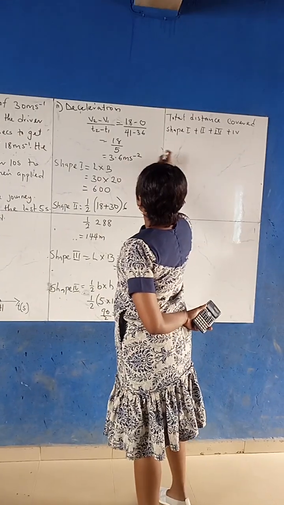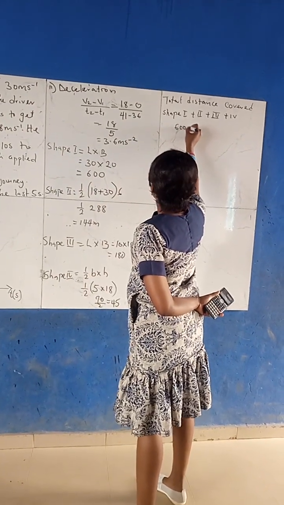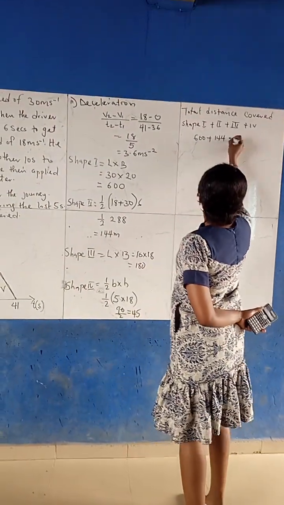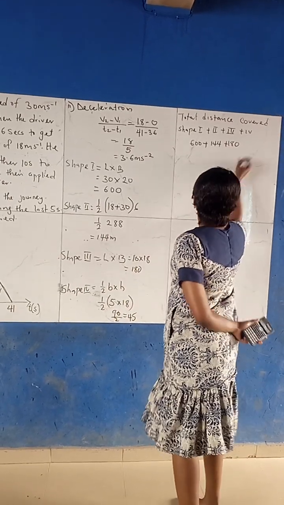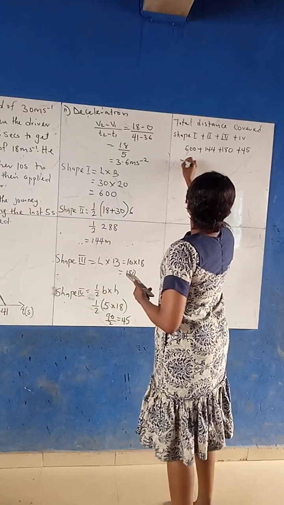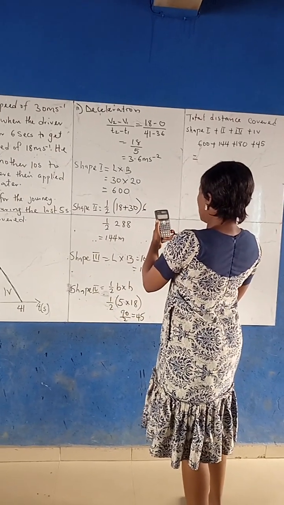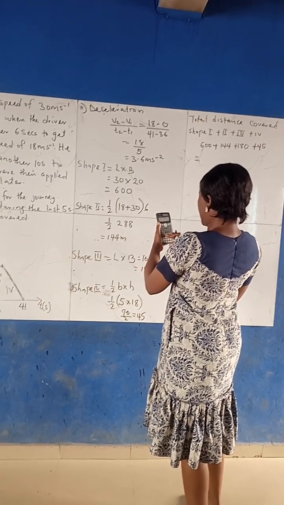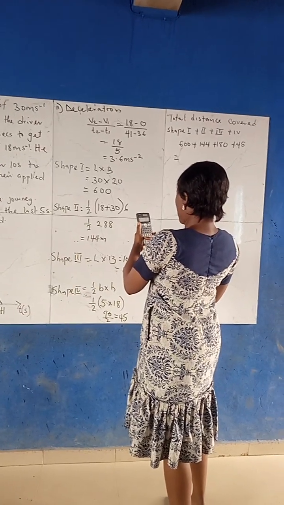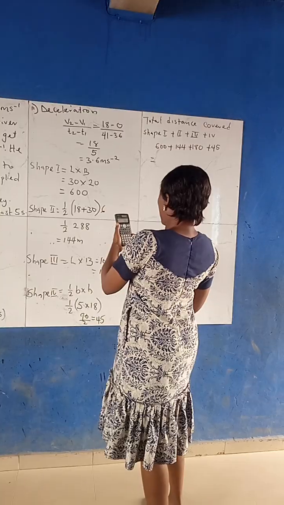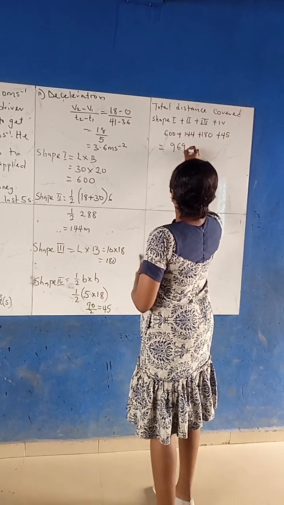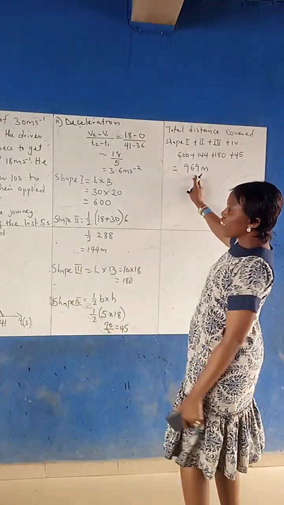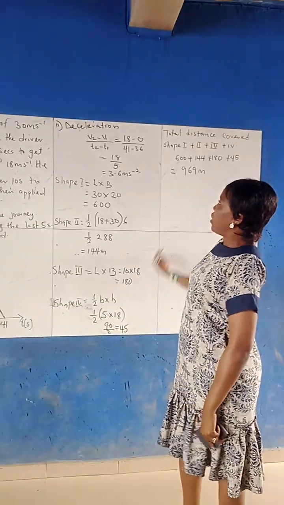And that will give me 600 plus 144 plus 180 plus 45. And that will be 969 meters. So the total distance covered is 969 meters.